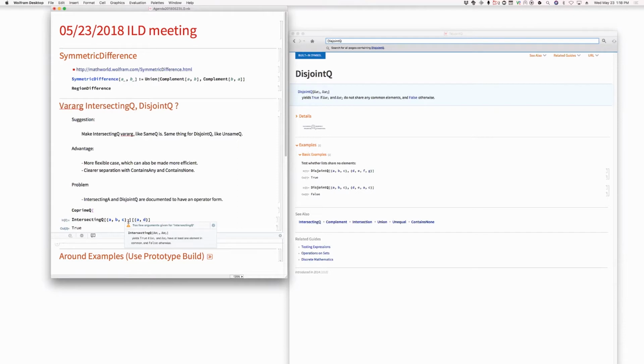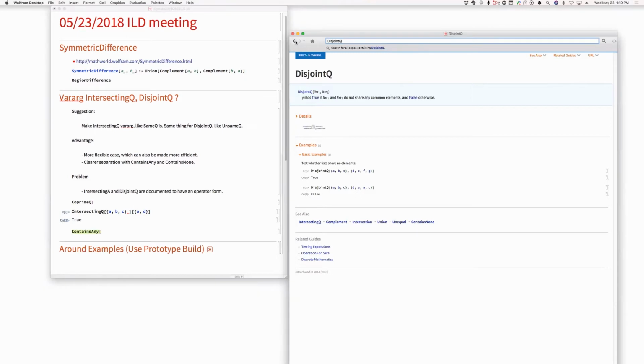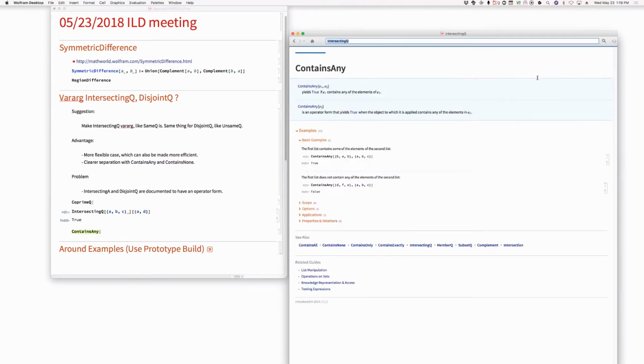So I would say the var arg extension is more interesting. And then we introduce a true difference between contains any and intersecting Q, for example. That if you want to use the operator form, use contains any. Does intersecting Q reference contains any? Yeah, it does reference contains any.